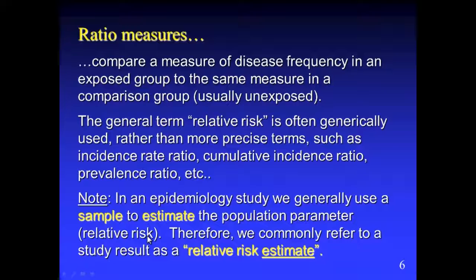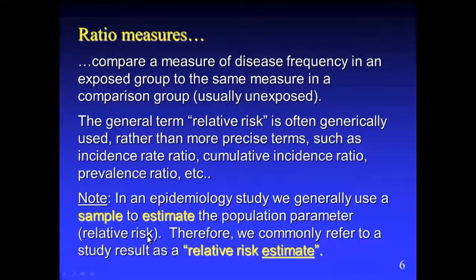It's often used very loosely and generically, whereas we might be really comparing two measures of, say, incidence rate, when incidence rate ratio would be a more appropriate term, or we might be comparing measures of prevalence, where prevalence ratio might be a more appropriate term. But epidemiologists commonly use this term relative risk, and you usually have to look a bit further than that to find out what sort of relative risk measure they're actually talking about. It could be an incidence rate ratio or a prevalence ratio.